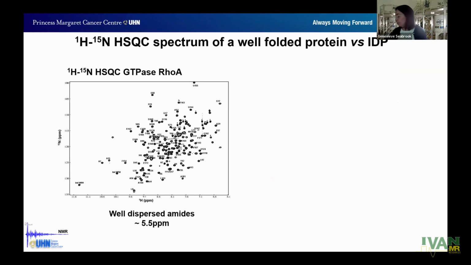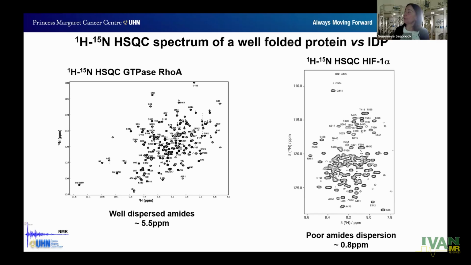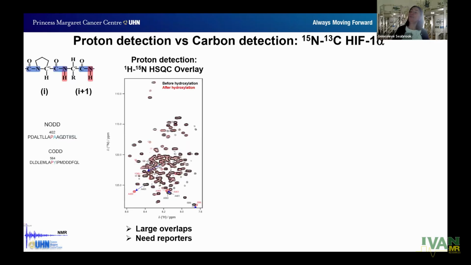For the people that are not familiar with proteins, I just showed the HSQC of a GTPase, a very nicely well-folded protein. You can see the proton-nitrogen HSQC spectrum has very nice dispersion. But now, if you look at HIF1 alpha, which is a disordered region, you can see that the amide dispersion is very poor, and you've got quite a large overlap of the amides. So can you follow the hydroxylation of this disordered region using the proton-15N HSQC?